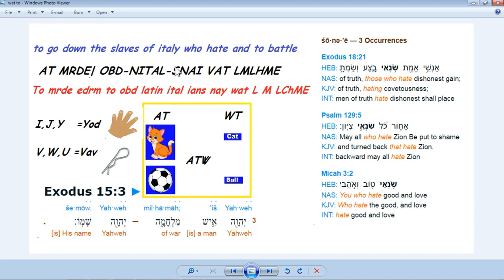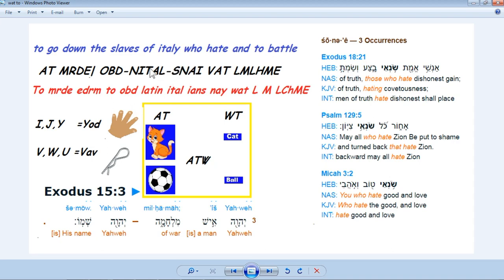So this S is already used, so now it's nay, to not. And nay is the word for no in the Bible, except it'll be backwards. It's spelled N-Y-A most of the time, and so it reads backwards. So when you see it, it's A-I-N. So it's actually N-A-N-Y-A. Nada.